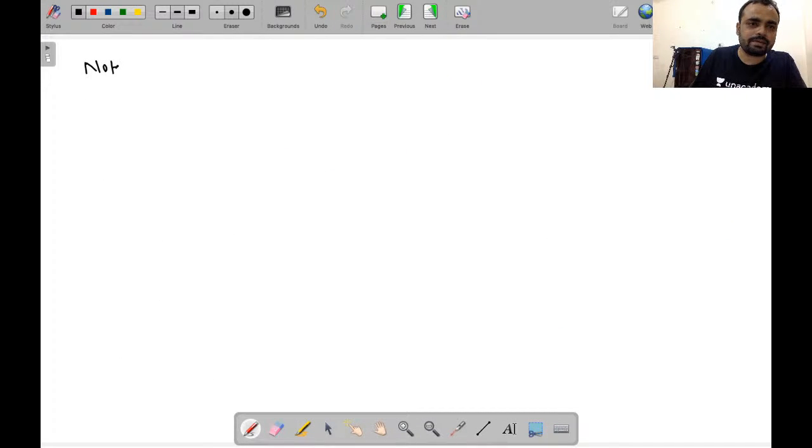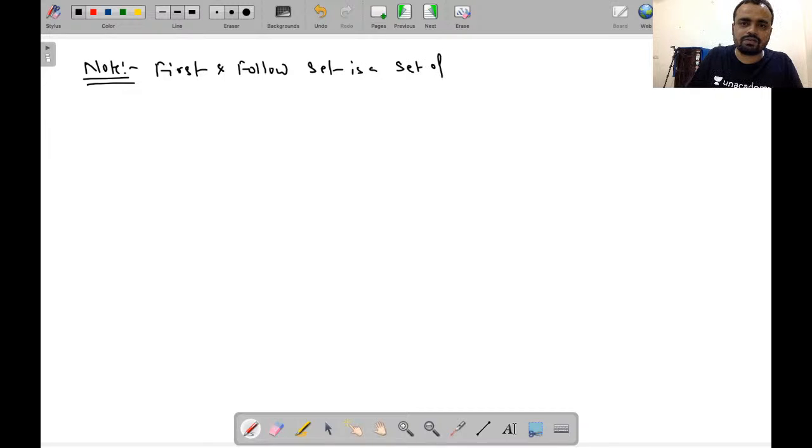नोट दिस, कि फर्स्ट एंड फॉलो set is a set of terminals. What are these? The set of terminals.